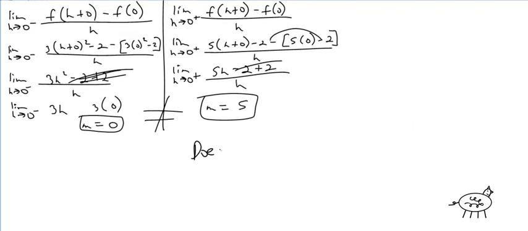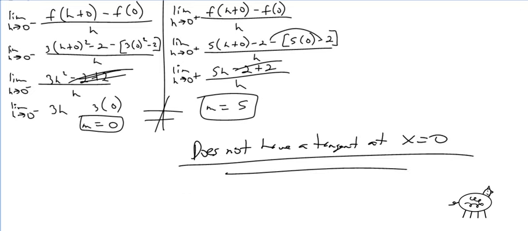It does not have a tangent at the indicated point, which is x equals 0. Okay? So again, check for continuity first, then check for the slope of the tangent lines, and then you'll be good to go.